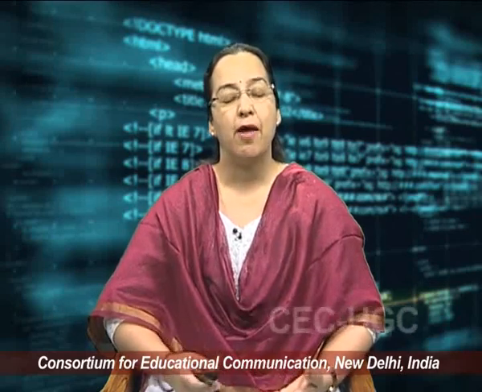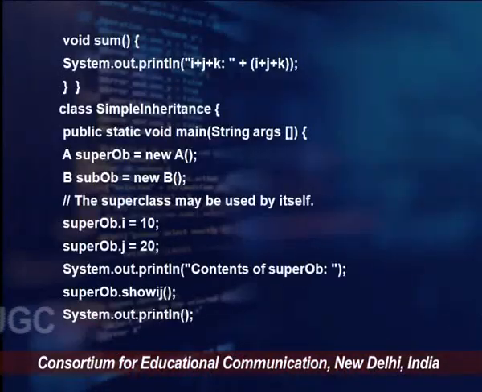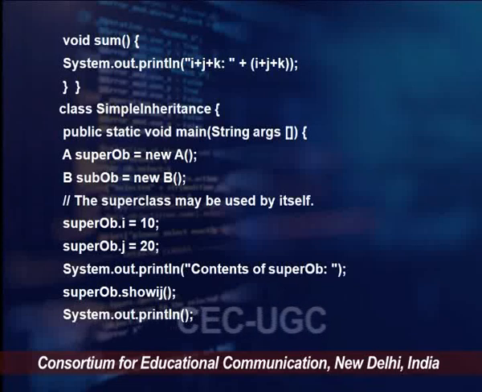Also, before closing the definition of this class B, we will have one more function which is named sum, and this is printing the value of i, j and k.